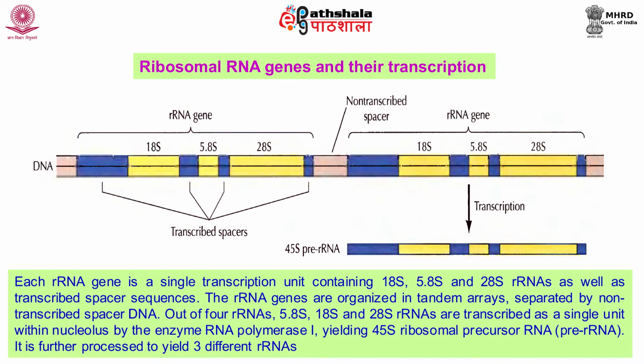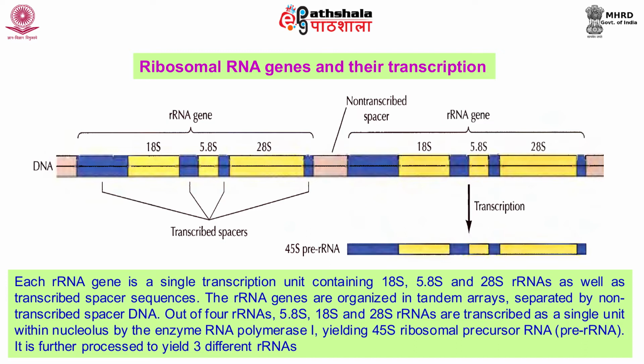Here you can see the structure of ribosomal rRNA genes and their transcription. Each ribosomal RNA gene is a single transcription unit containing 18S, 5.8S and 28S ribosomal RNAs as well as transcribed spacer sequences. A single copy of ribosomal DNA repeat could not be transcribed at a sufficient rate for the cell's requirement for ribosomes, so all organisms carry multiple ribosomal DNA copies.